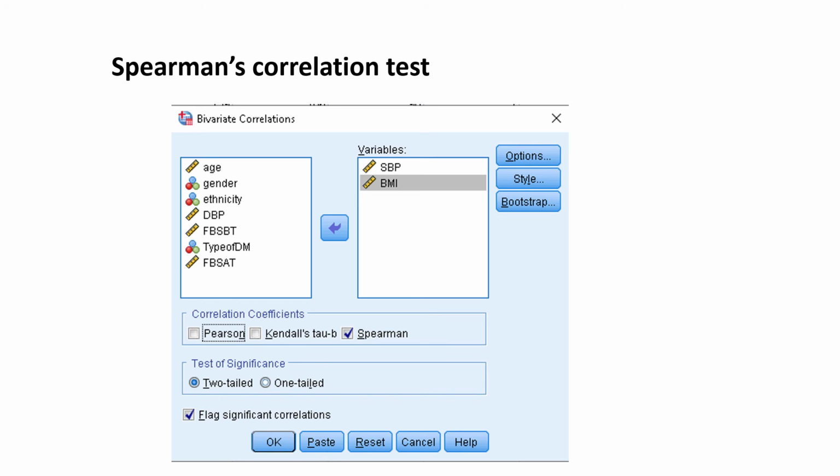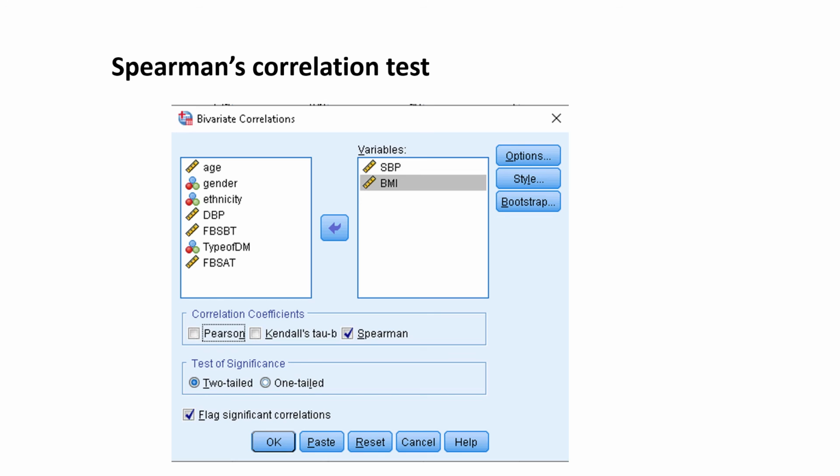If one of the two continuous variables is not normally distributed, or both are not normally distributed, then you have to choose Spearman correlation coefficient. Where to choose Spearman? You look at correlation coefficients. There are 3 options, right? So please choose Spearman correlation coefficient. Test of significance two-tailed and click OK.